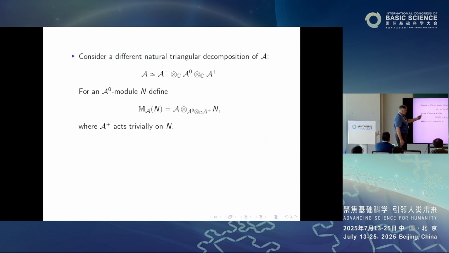So let's take a natural triangular decomposition of the Weil algebra by the sign of n. Right? So all positive n's go to a plus, and negative n's go to a minus, and a0 is, remember, the n equals 0 case. Then we can take any module over a0, declare that a plus acts trivially, and induce up. So then the induced module I will denote like that.